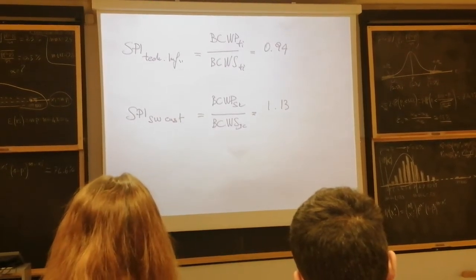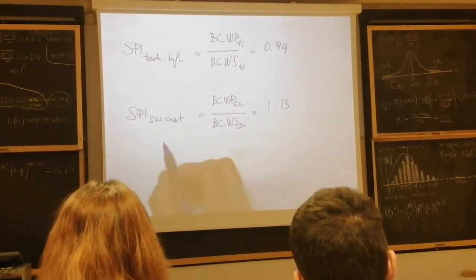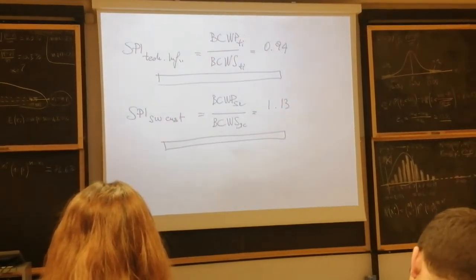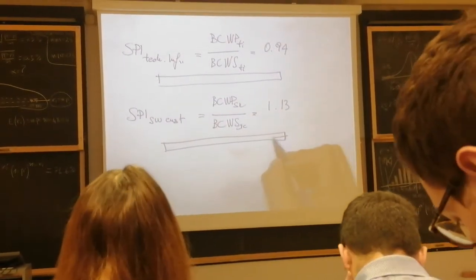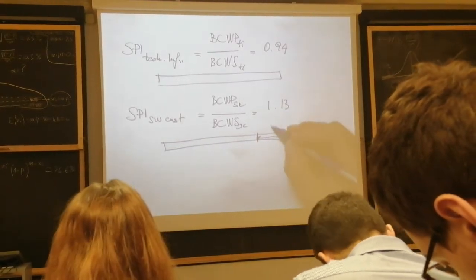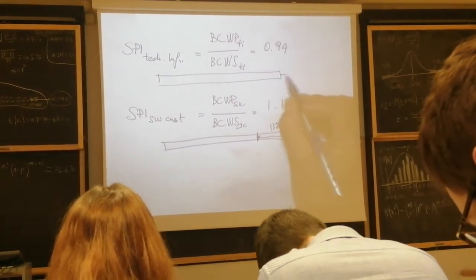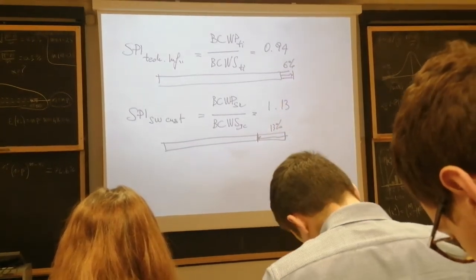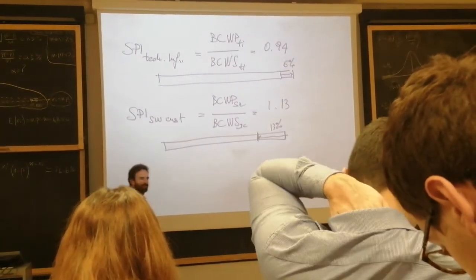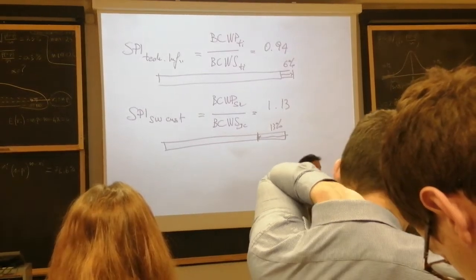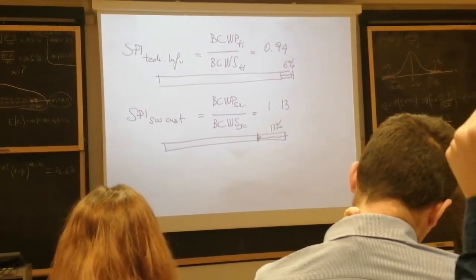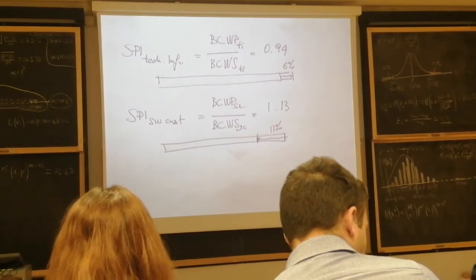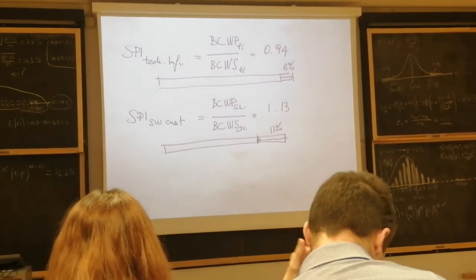But in fact, we are in 2 tasks that come in parallel. This finishes 13% earlier, but this one goes late 6%. And the total project goes 6% late. Make sense? Because they are parallel.